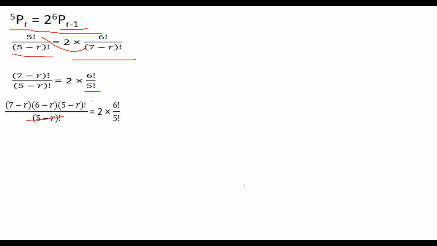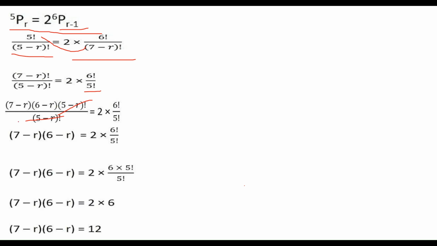So (5 minus r) factorial gets cancelled. Now the remaining is (7 minus r) and (6 minus r), and that is equal to 2 into 6 factorial divided by 5 factorial.